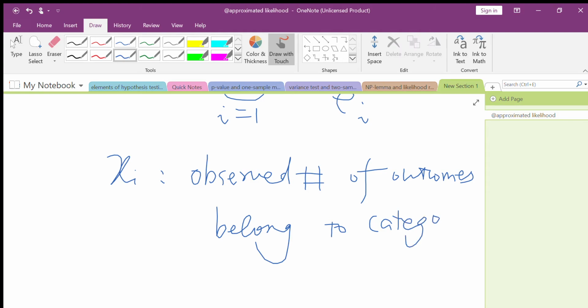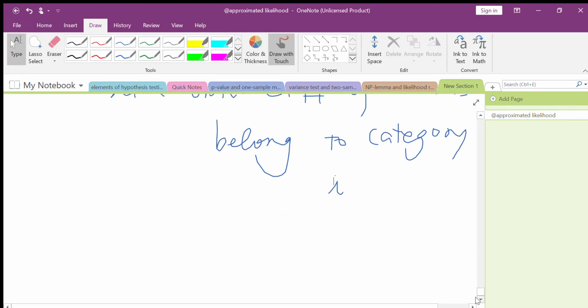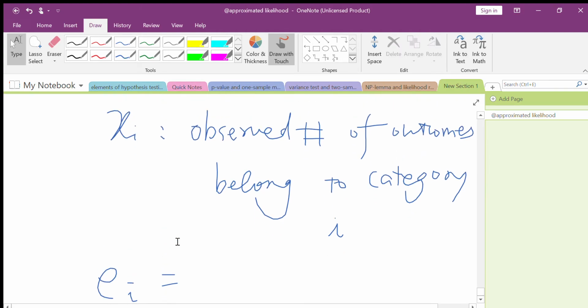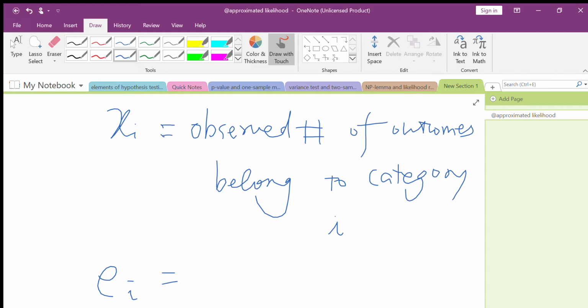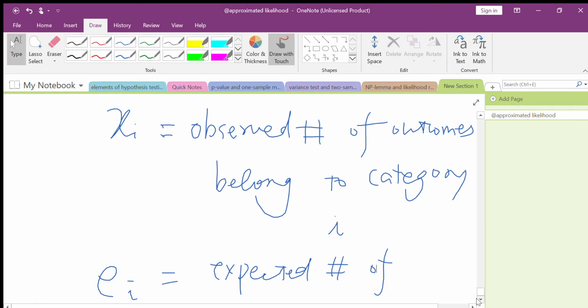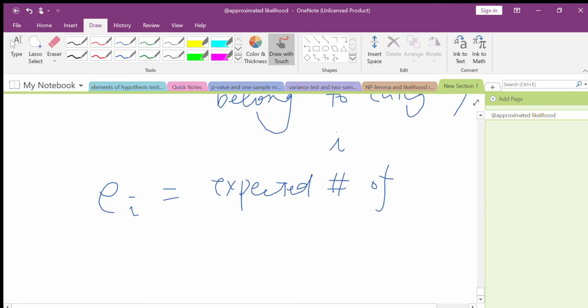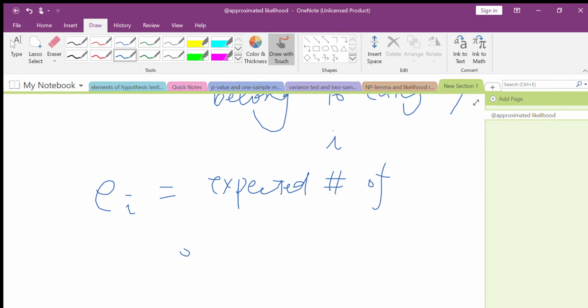We have K categories, so it's small xi. So what is small ei? Small ei is the expected number of outcomes belonging to category i.